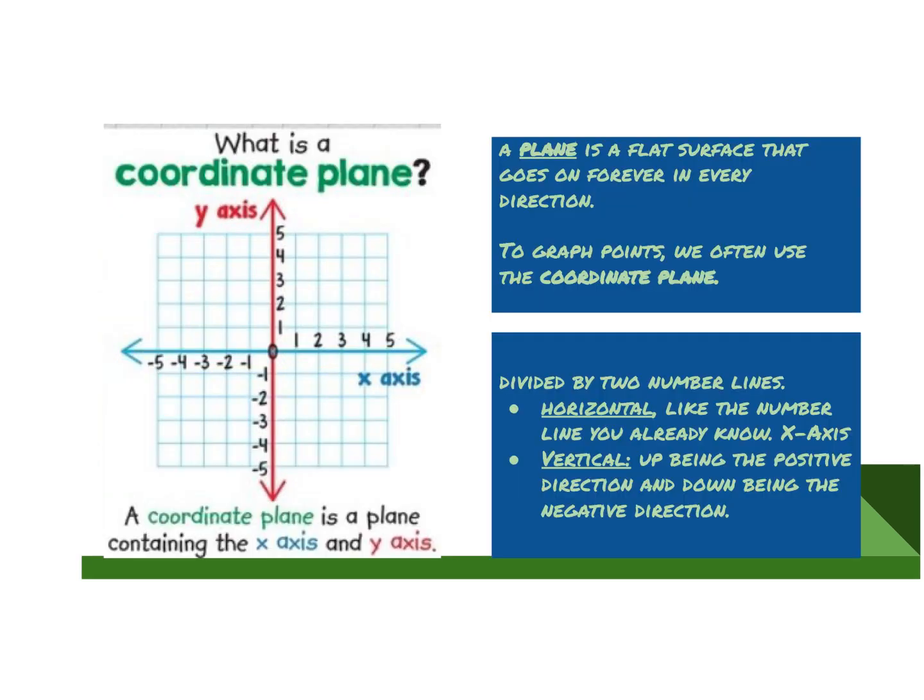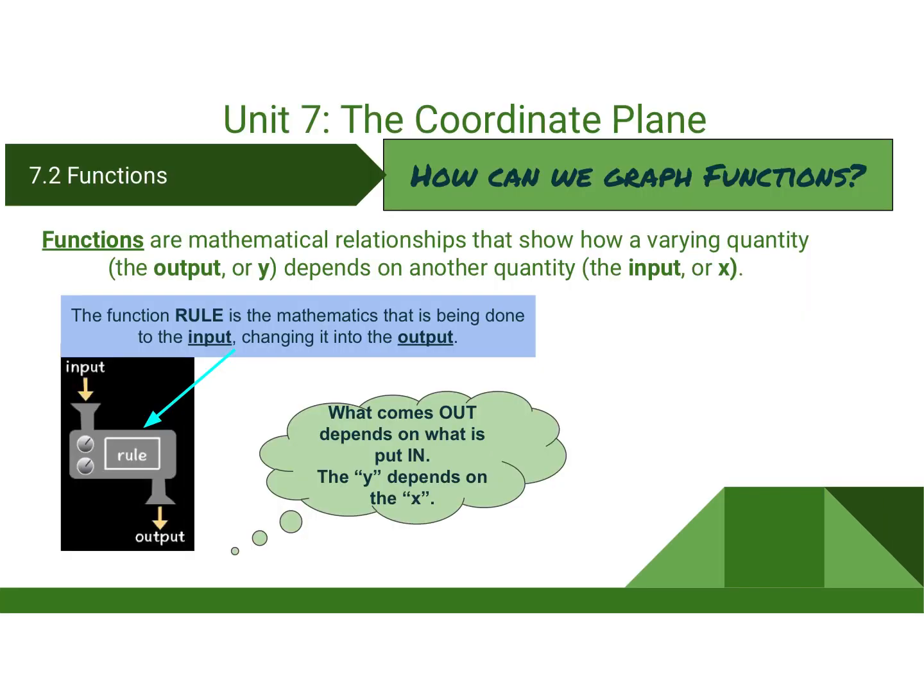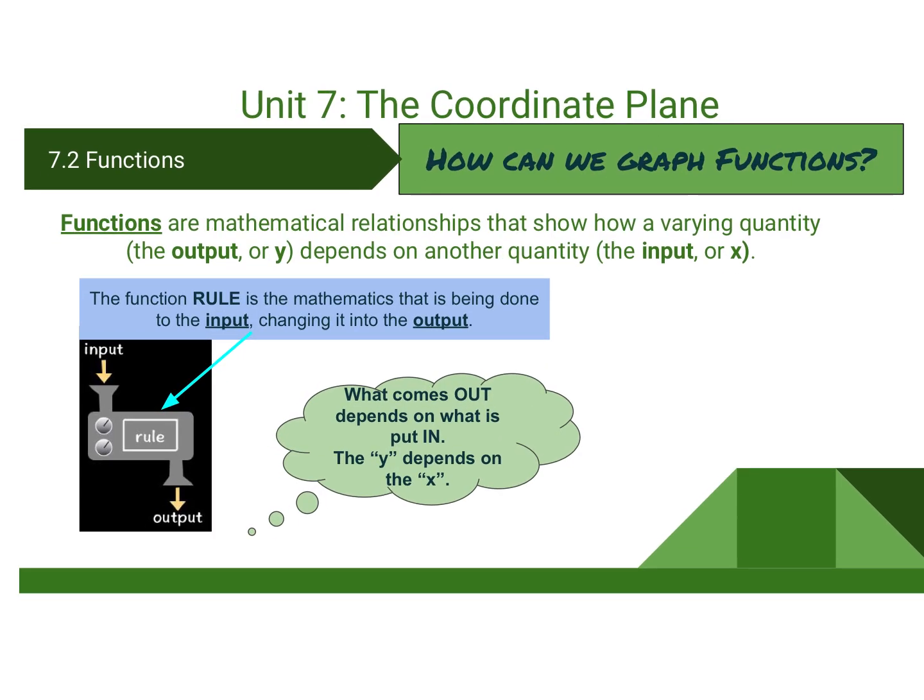So remember, the plane is a flat surface that goes on forever in any direction. We have our horizontal number line, our x-axis, which comes first, and then our y-axis. Now, to get the points that we plot, we use what's called functions.